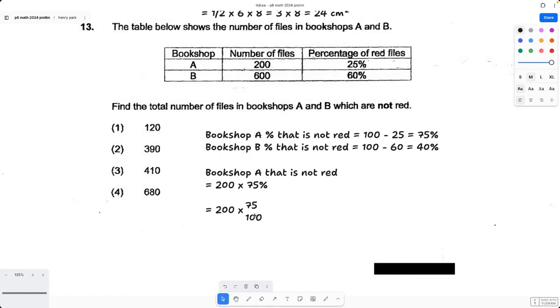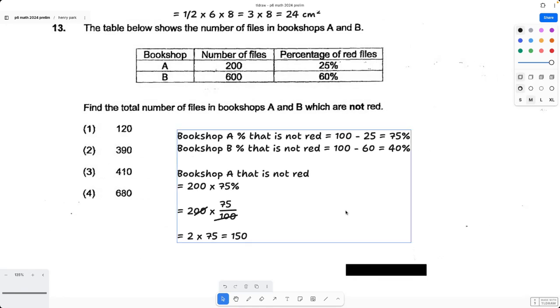Okay, so then we can cancel the 100 over here and the 0 over here. Okay, so that means it's just 2 times 75, which is equal to 150 files that is not read.